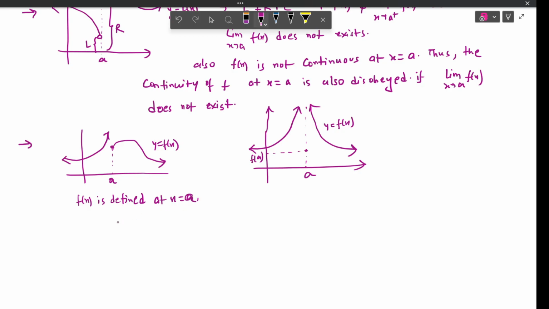And limit x tends to a minus f of x is plus infinity, right? This is going to plus infinity.